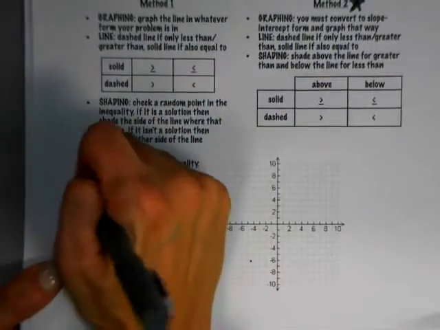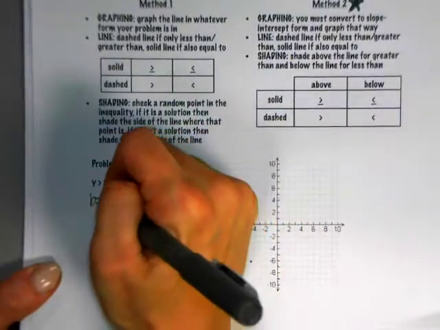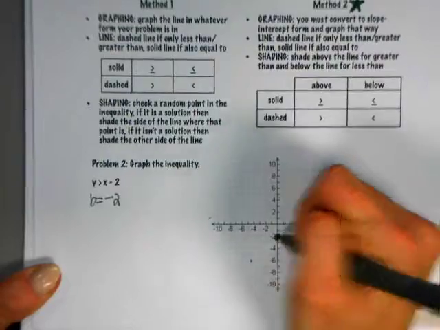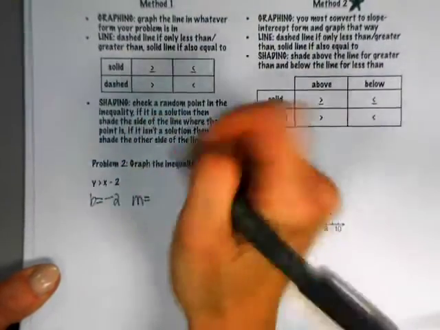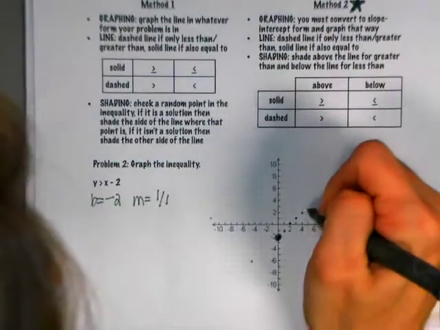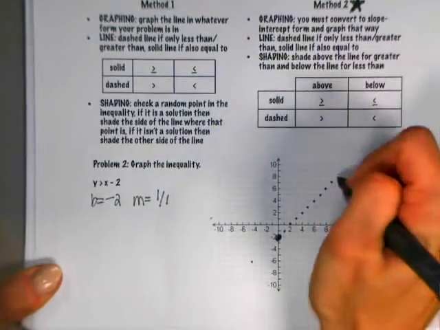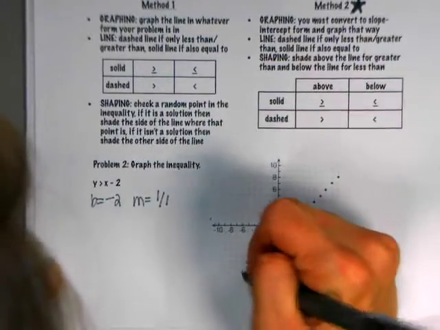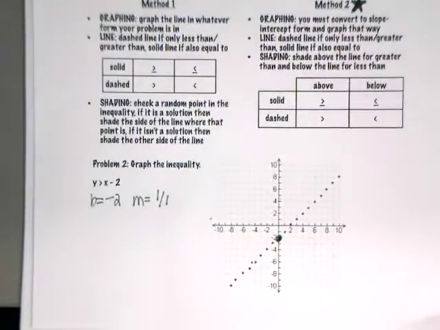So what's my y-intercept? Yep, negative 2. And my slope? 1.